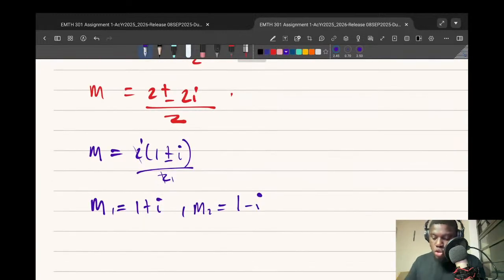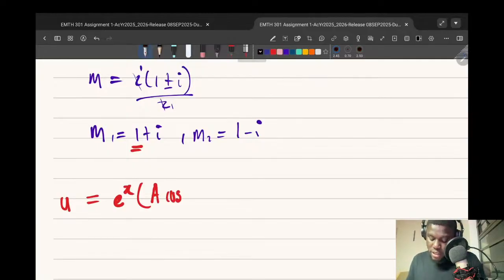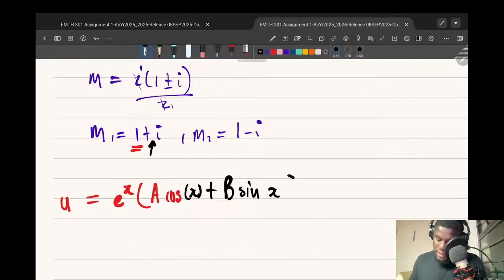Now when you get the two solutions for m, you know what to choose, but we are no longer choosing an answer for y, we are choosing for u. These are two complex solutions. So we know it will be e to the alpha, which is this number, e to the 1x. Then you're going to say a cos beta x. What's the beta? The number before i, that's 1. So a cos x plus b sine x.